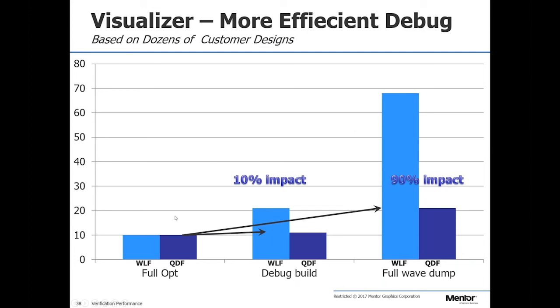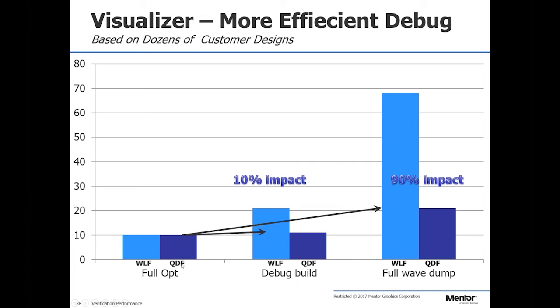So then that'll take it from 20 minutes up to about maybe 70 minutes. So we can see there's like a 7x impact from doing a full regression simulation run to a full debug, collecting all the waves. So that's with the traditional WLF.